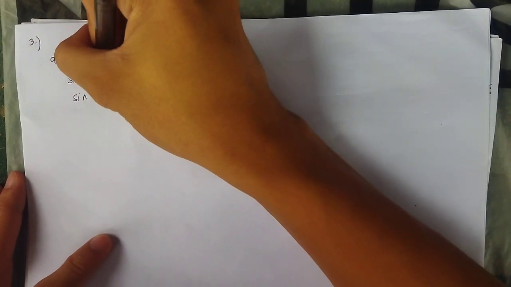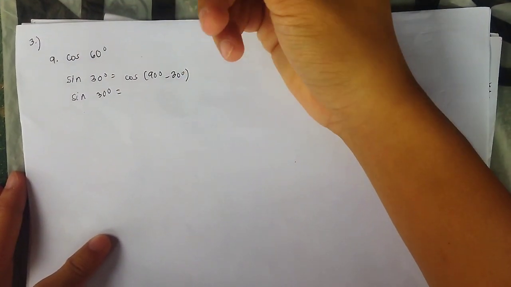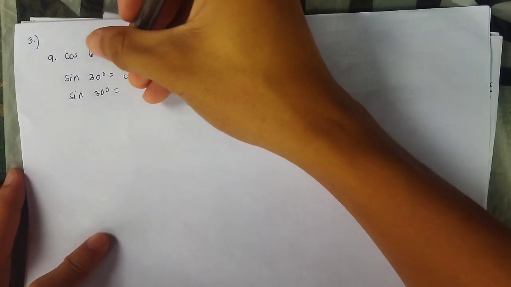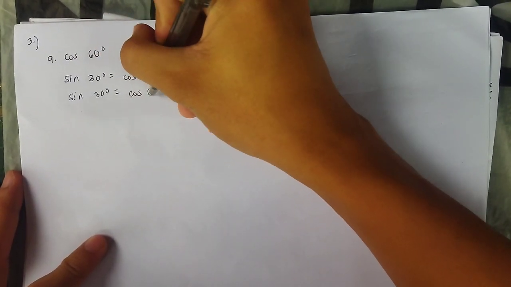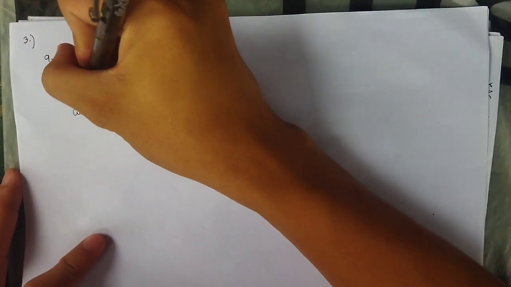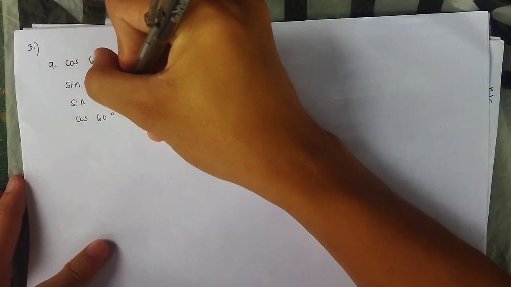Then next is copy the sine 30 degrees. Then subtract the 90 degrees and 30 degrees. So we have cosine 60 degrees. So the cosine 60 degrees is equal to 1/2.